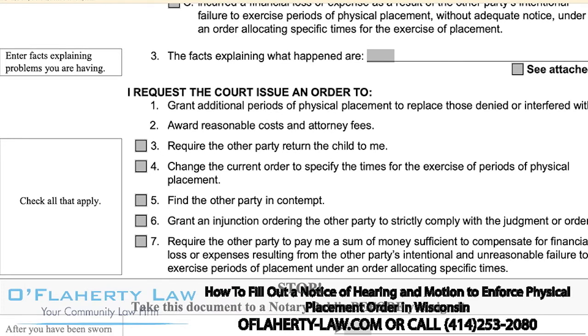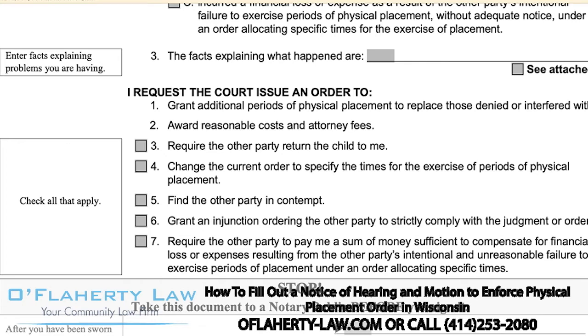Next, you request your relief, because that's what a motion is really all about, getting the court to listen and to grant you some relief. So, 1, grant additional periods of physical placement to replace those denied or interfered with. Not unusual at all.